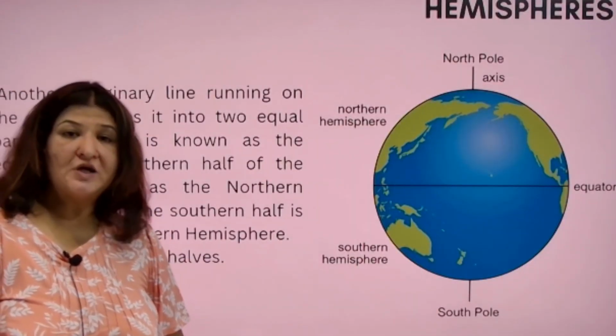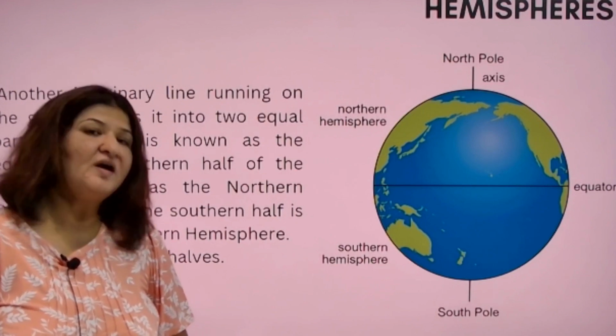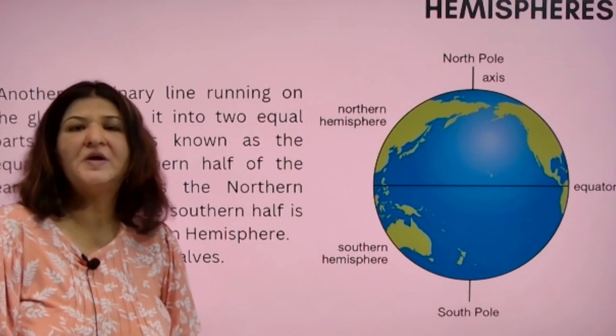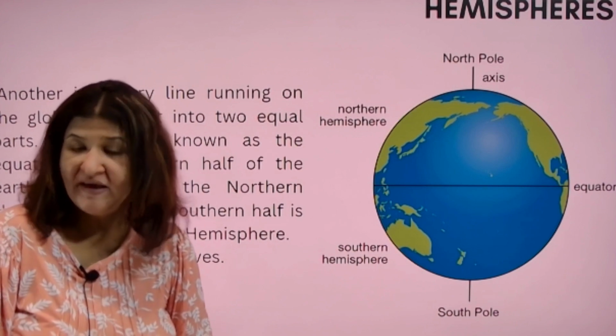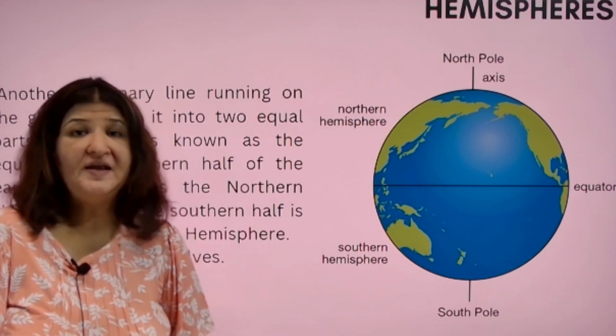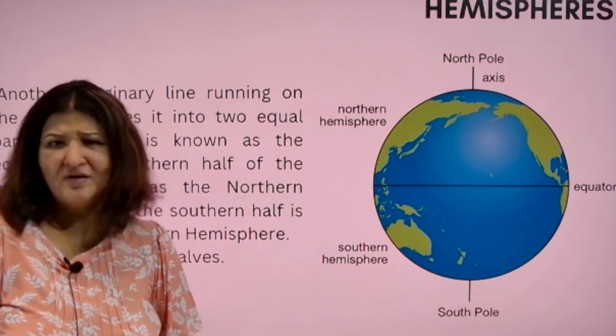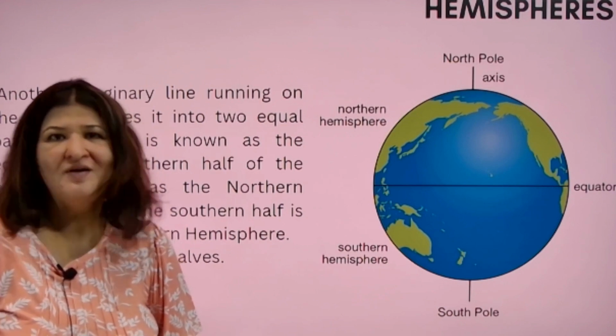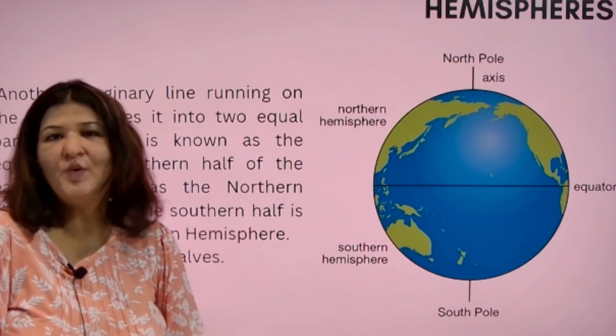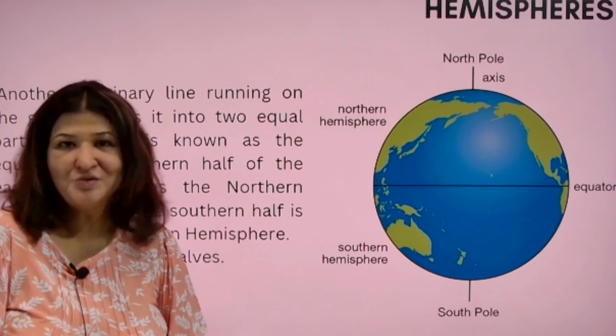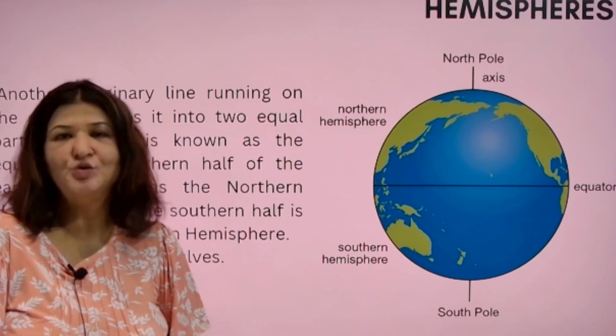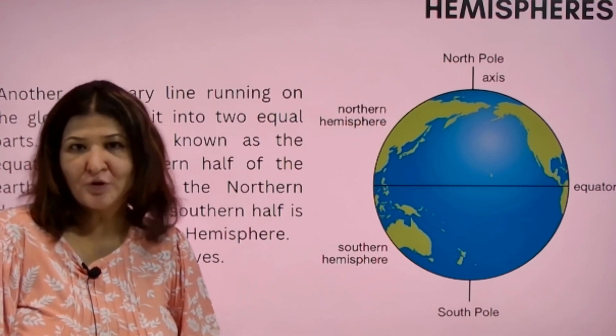Hemispheres. So when we are talking about hemispheres, what are hemispheres? Basically, to understand the earth in a much better way, to understand its timeline, date and day, because earth is not a small ball like the one you are seeing over here that you can draw. Earth is huge, isn't it? Your own country is huge. You can't put it on a piece of paper or on a model.